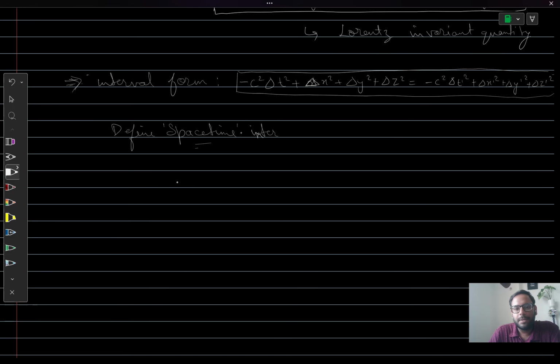So we define a space-time interval as this quantity: delta s squared equals minus c squared delta t squared plus delta x squared plus delta y squared plus delta z squared. This is my space-time interval, and the space-time interval is an invariant quantity. It is also Lorentz invariant.